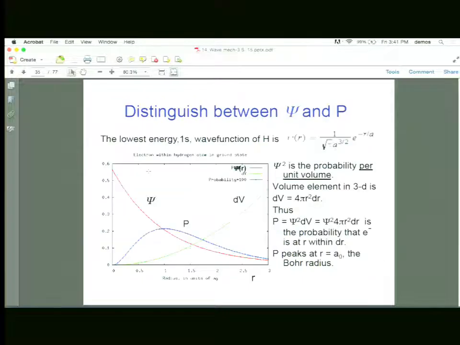And I explain here that the wave function psi is going exponentially down. The volume element, 4 pi r squared dr, is going up like this. But at 0, when you multiply the volume element times psi squared, you get that the probability is 0 right at the center.